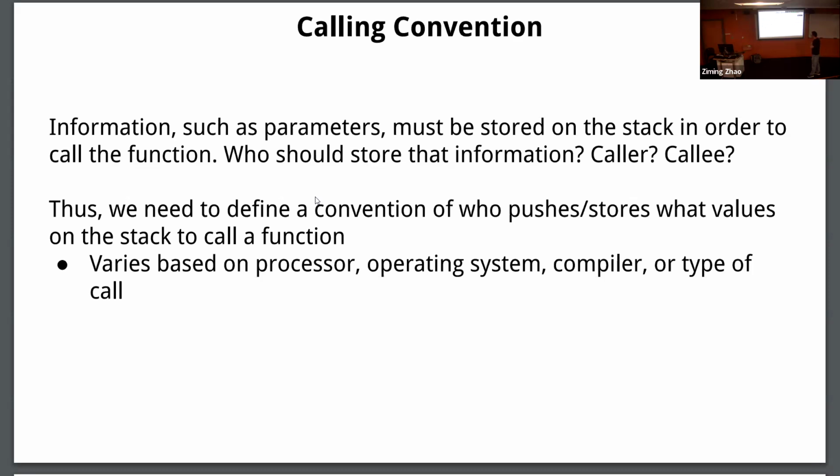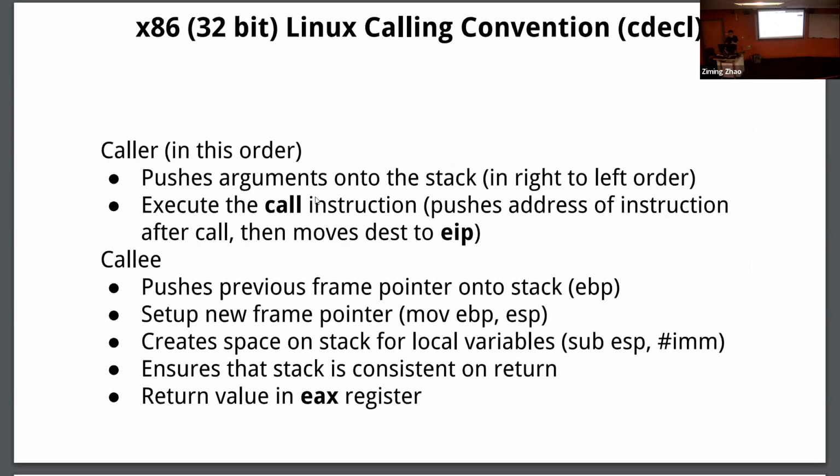The calling convention basically defines how parameters are stored on the stack, in what order, those kinds of information, and who will store that information. Is it the caller function or the callee function? Obviously, this is related to the CPU, the operating system, and the compiler. And there are many different choices. That's why we need a convention or standard.